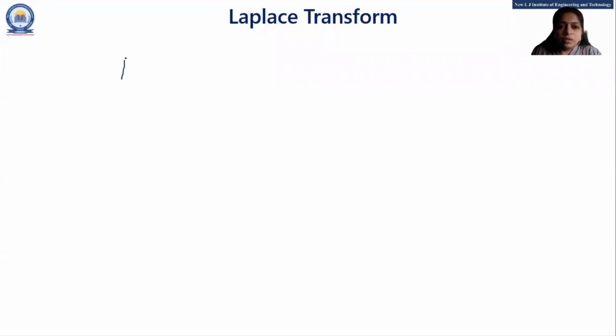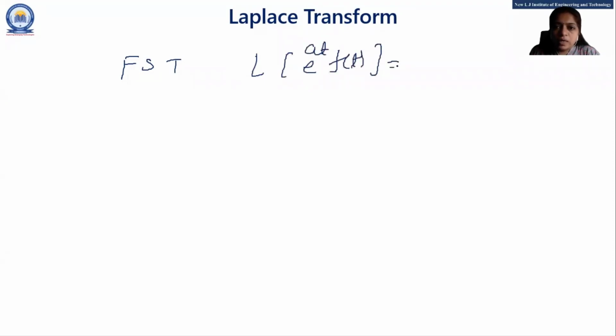First shifting theorem. When you are asked to find the Laplace of any exponential term with any function of t, then you have to apply the first shifting theorem: if there is a plus sign, you put F of s minus a, and if there is a minus sign, you put s plus a.